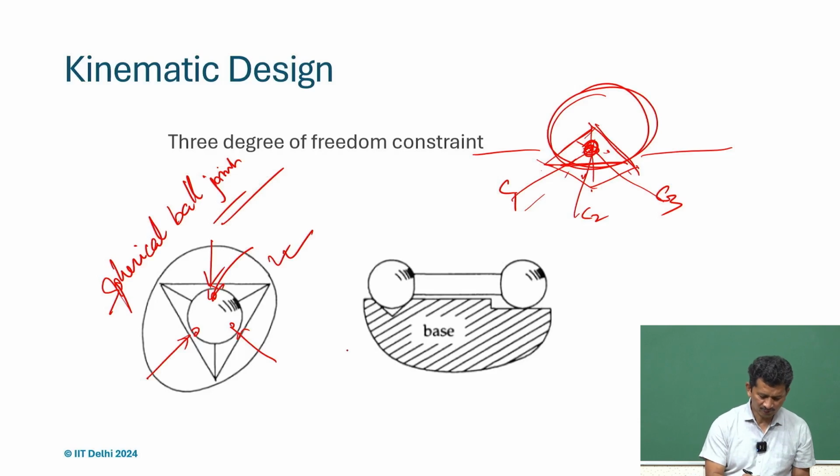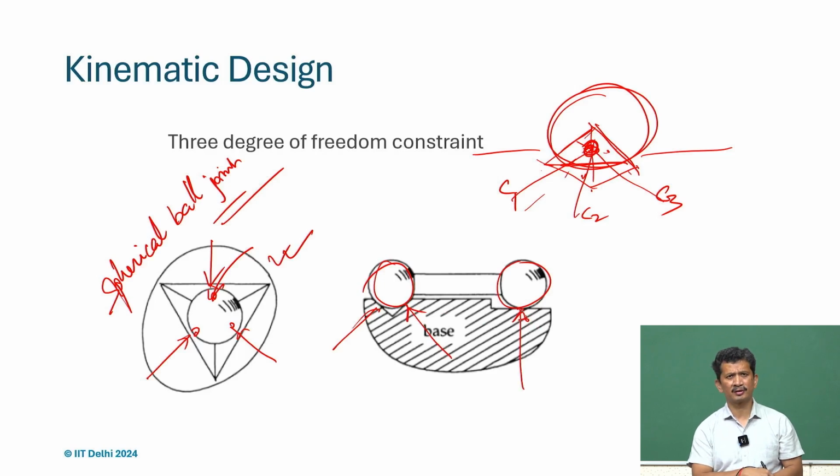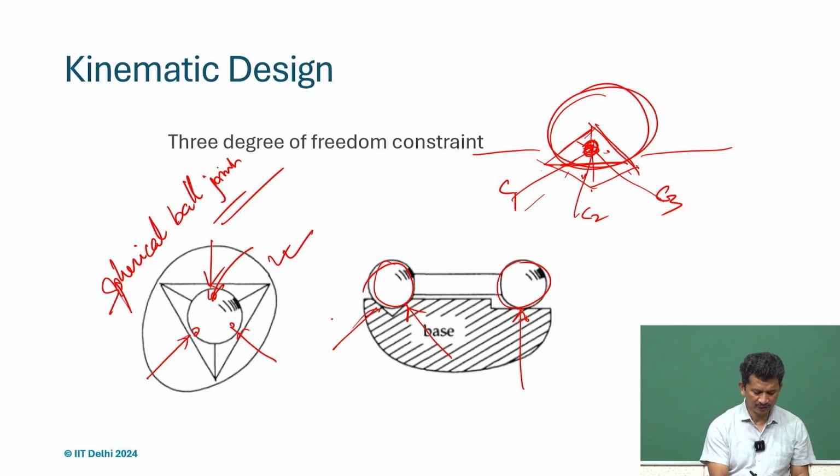What if we take a link with two spherical balls and put one on a V and one on a flat? What kind of constraint do we create? Here, if we see again C1, C2 and C3, and analyze, we will see that yes, again a point is constrained.